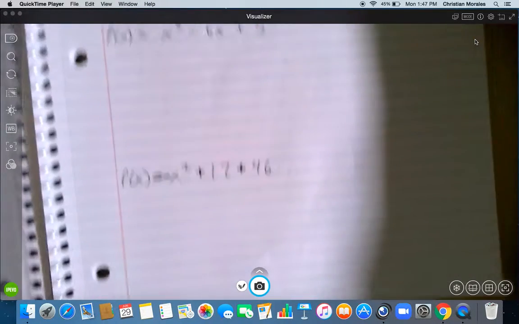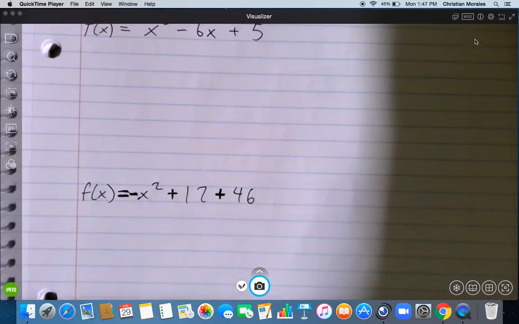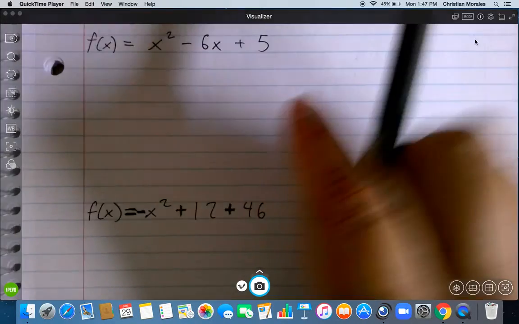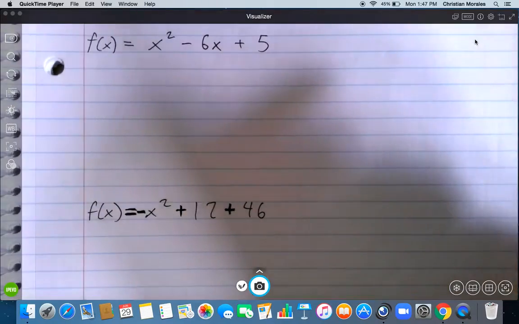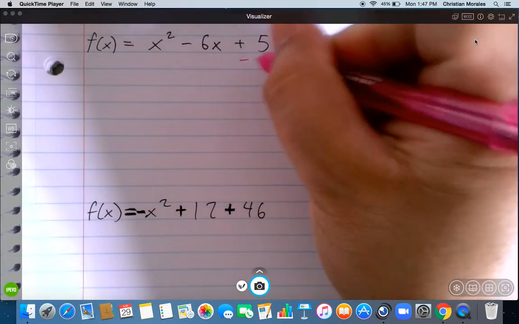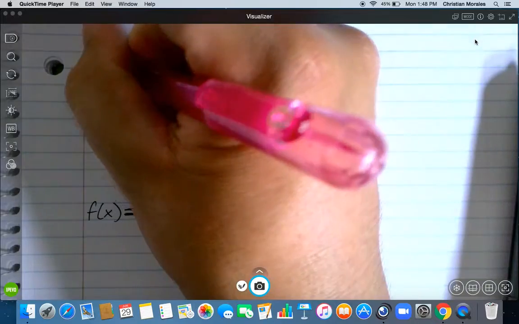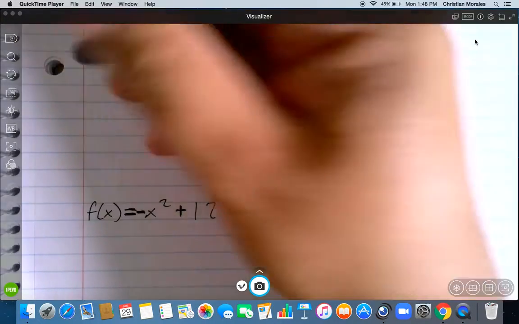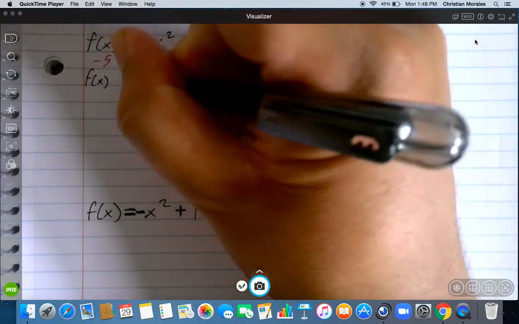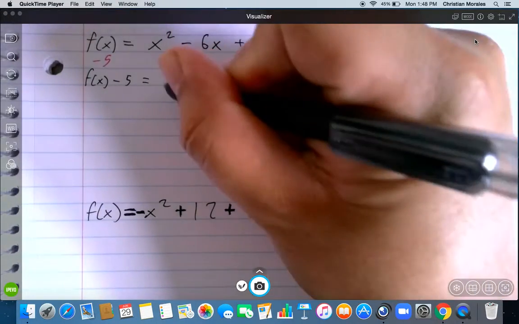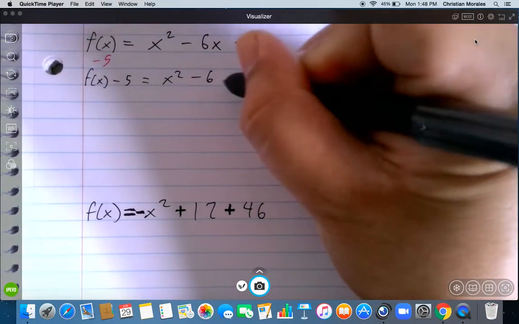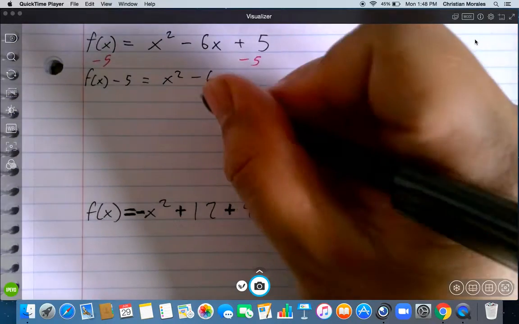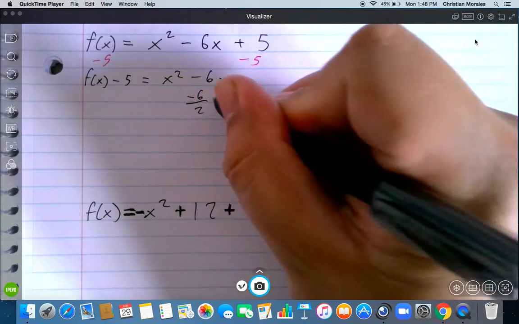Let's do this a couple more times. Let's do this one on top. Again, I'm going to move that 5. Don't want it there. Inverse operations. So now we have f of x minus 5 equals x squared minus 6x. Now I need my c. Take that, split it in half.